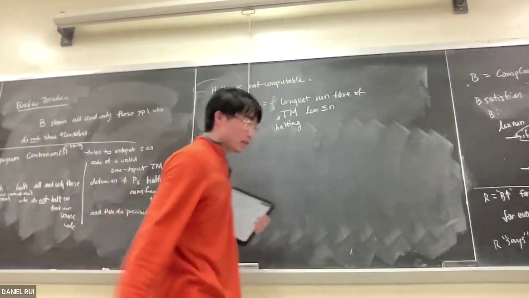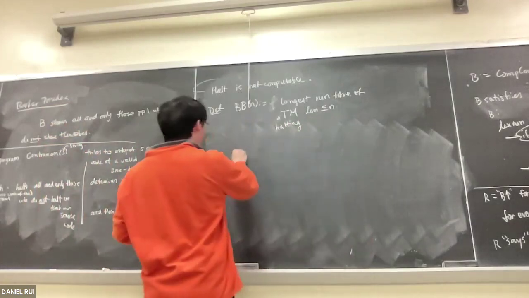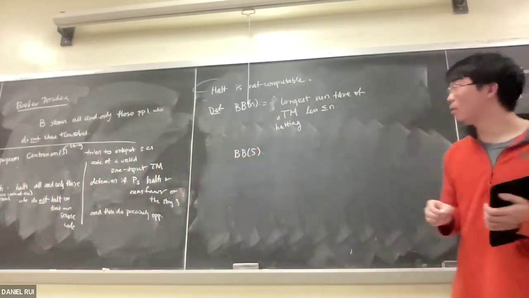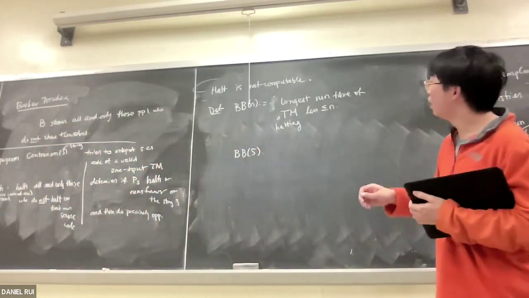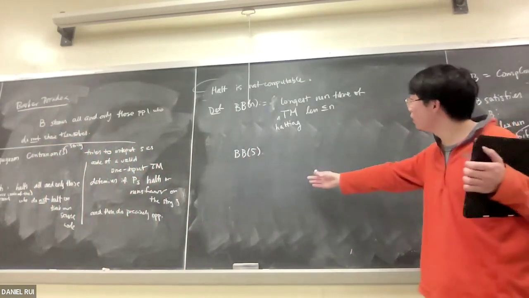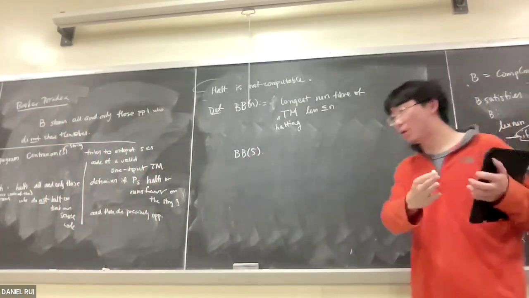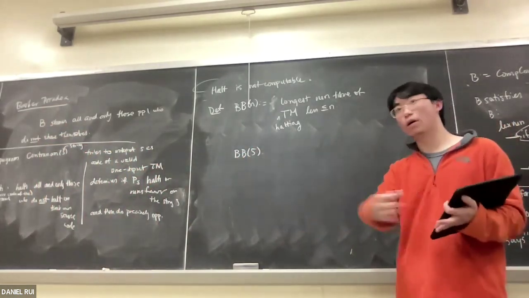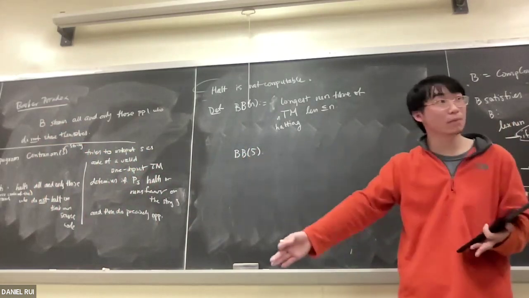So the Busy Beaver is, for example, Busy Beaver 5, which was very recently just computed, actually, a couple months ago: look at all length 5 Turing machines, and some of them will halt, some of them will not halt, and just take the maximum of the runtime of those that halt. That's a finite number.